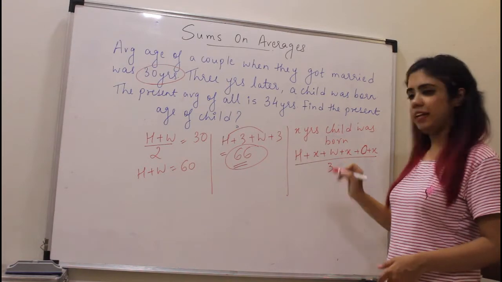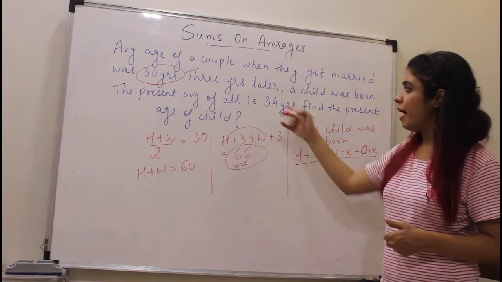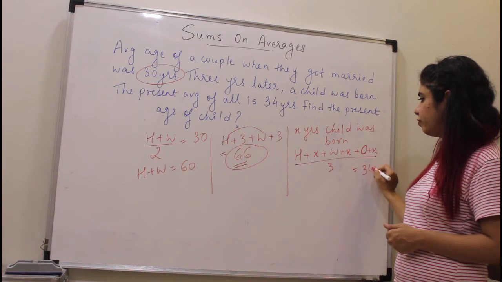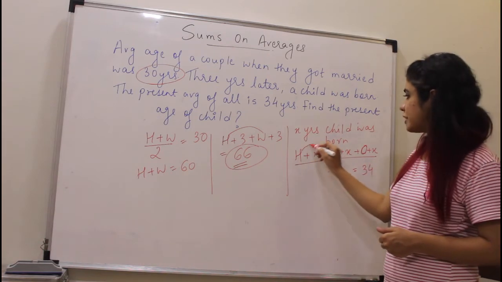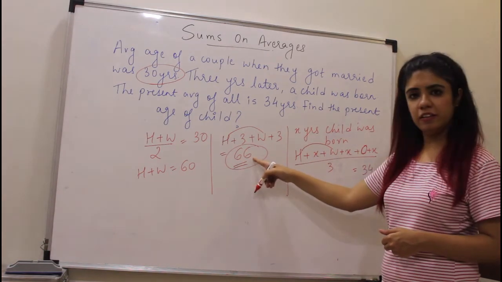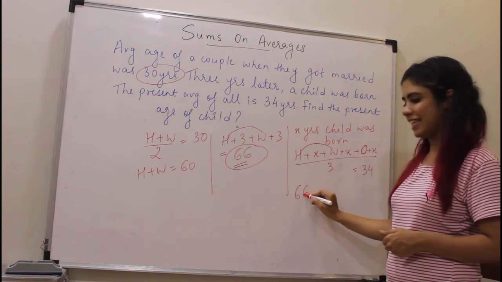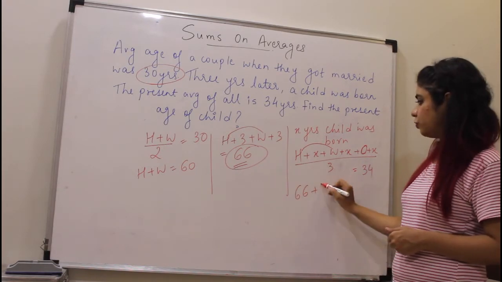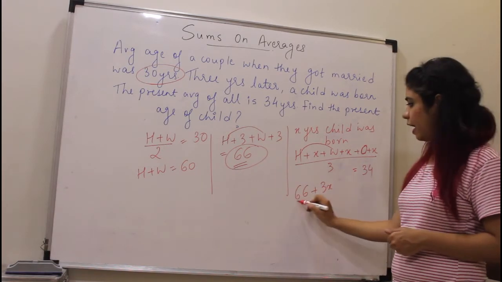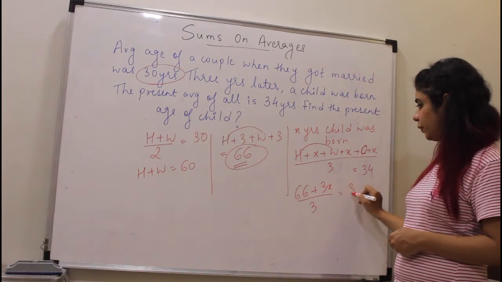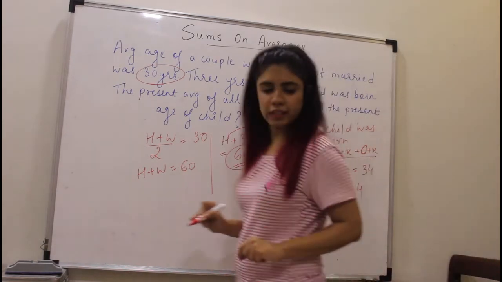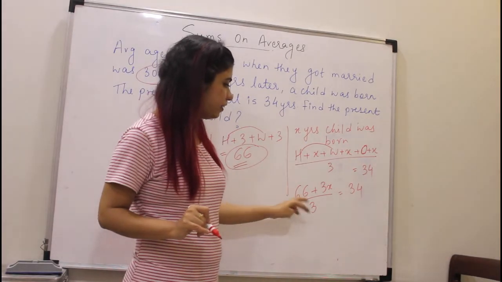Upon 3, because we have 3 people, the average is 34. Correct? So your husband plus wife here we know is going to be 66 plus 3x. Okay? Upon 3 is equal to 34. Correct? Now what I can do is I can divide 3 for both.